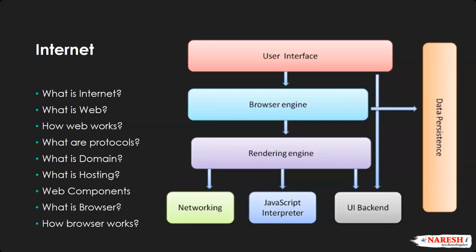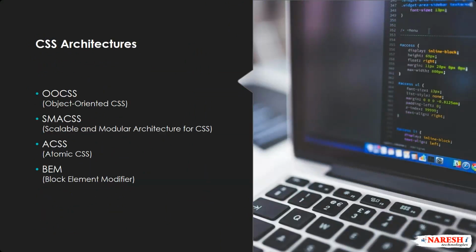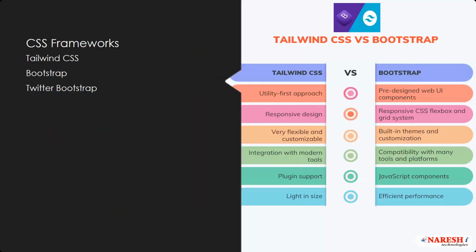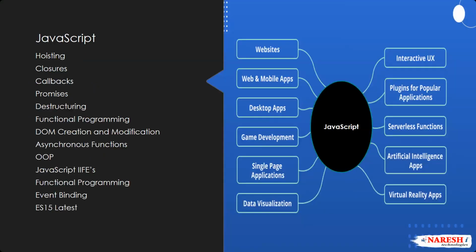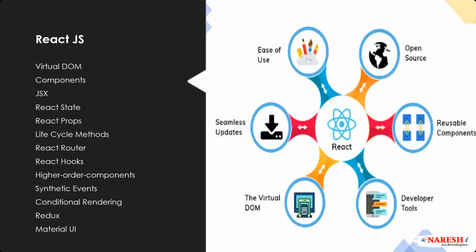After that, what is HTML, what concepts are important, what is CSS, what are architectures, what are preprocessors, what are frameworks, what concepts you need to know in JavaScript, what is the jQuery concept, and React.js. Now jQuery is being replaced in the majority by React.js and Angular, right? So this is all the concepts of front end. To become a perfect front-end developer, these are all the concepts you need to understand and handle.